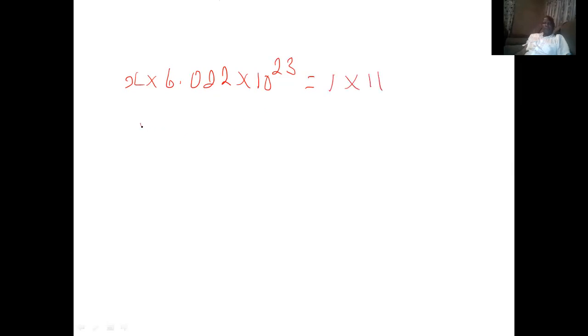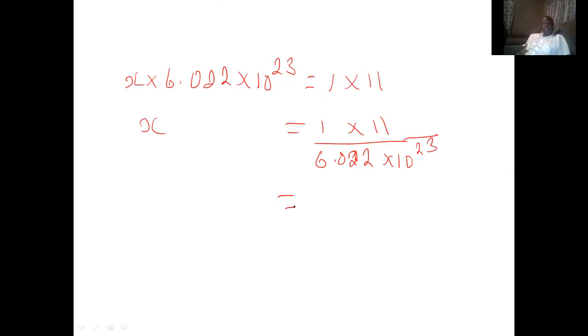And therefore, to find x, it is 1 multiplied by 11 over 6.022 times 10 to the power 23.